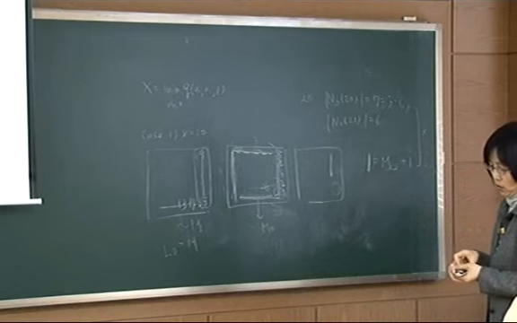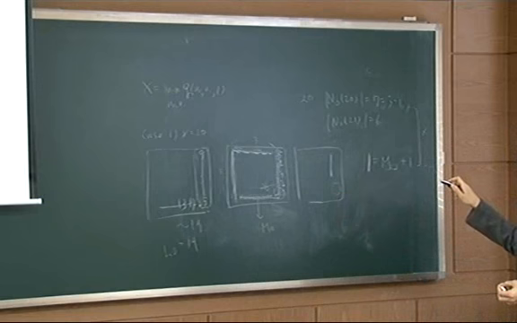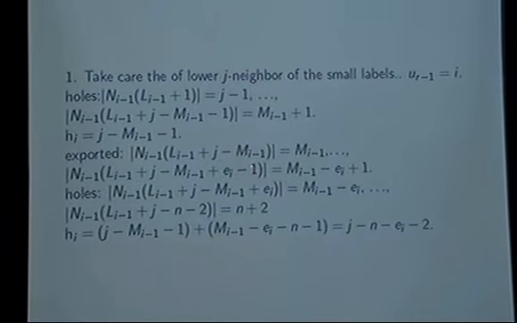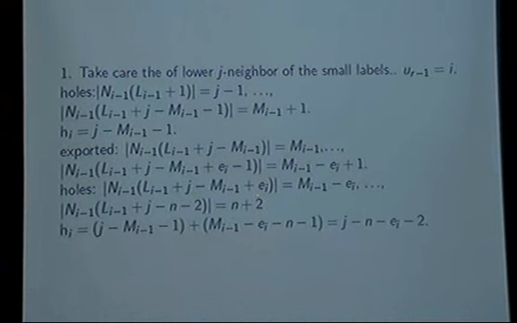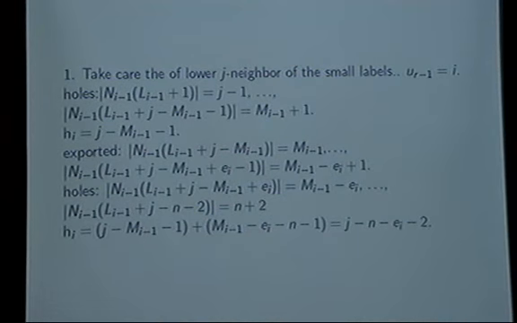So they must be holes. And then from the next one, if their neighbors are of size M_i minus 1, they can be exported. And because E_i many of them are exported, up to here they can be exported. Of course, you can export to something bigger, but this one is more convenient because their upper neighbor goes up to small numbers.